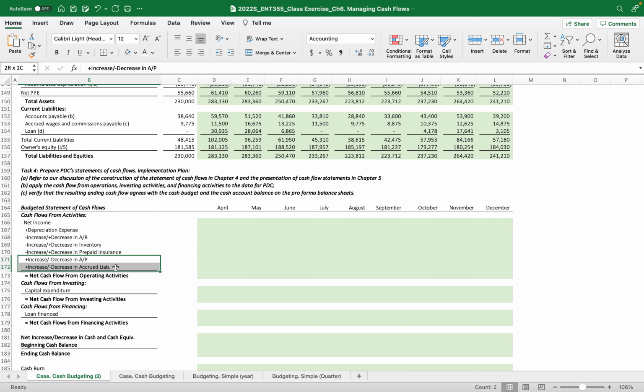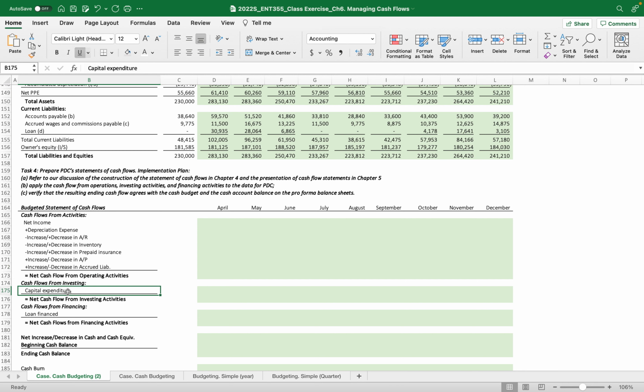The liabilities, accounts payable and accrued liabilities, are also not considered in the direction of the cash flow. Instead, it's just accrual basis. That's why we need to add back accounts payable and accrued liabilities.